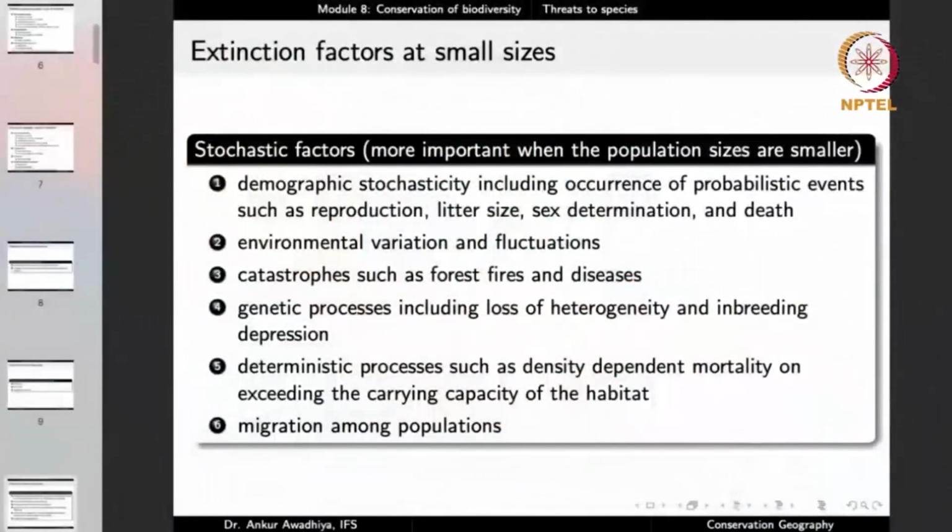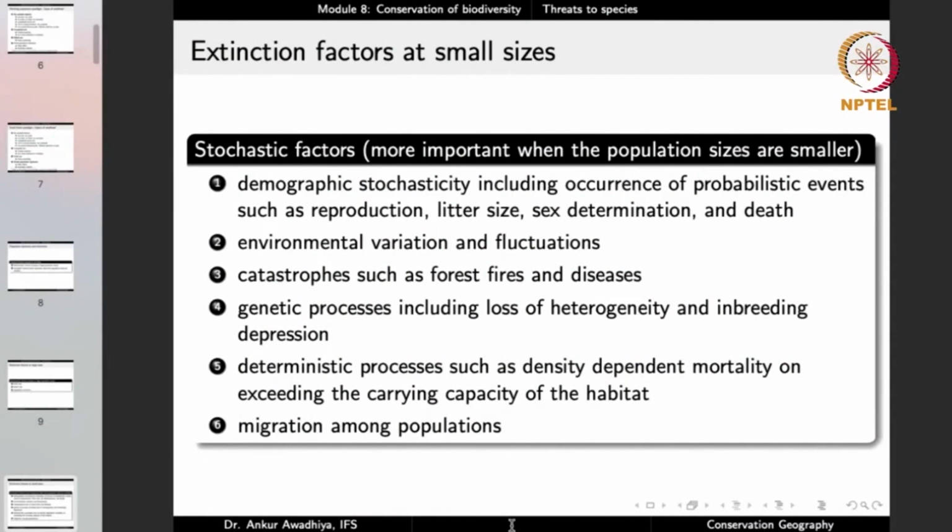So density dependent mortality occurs in large and small populations whenever densities increase, but in large populations it is just a regulatory mechanism. In small populations, it becomes an extinction mechanism.